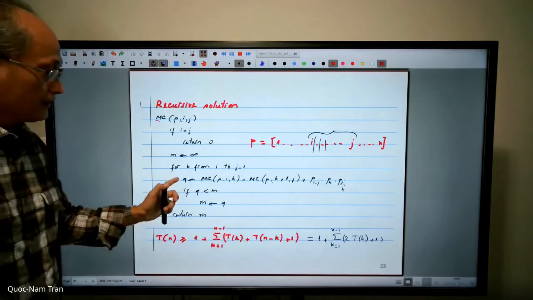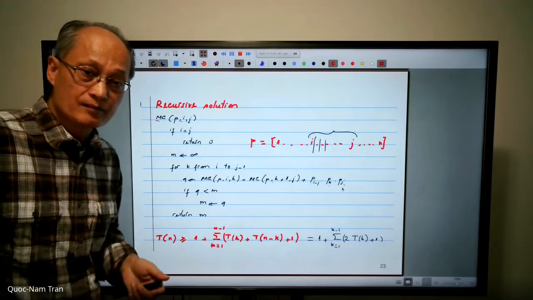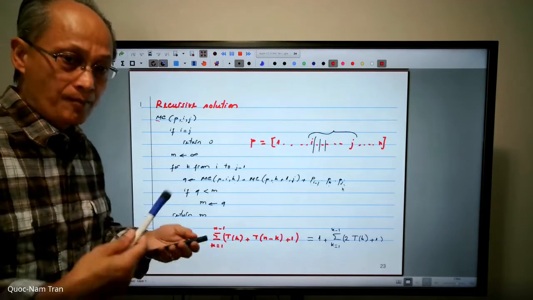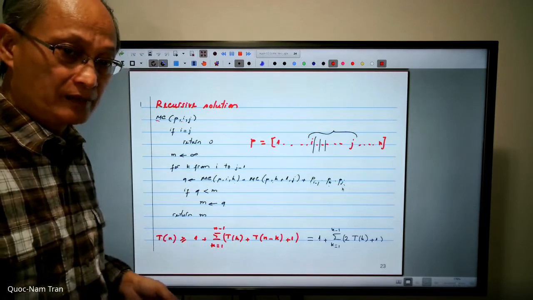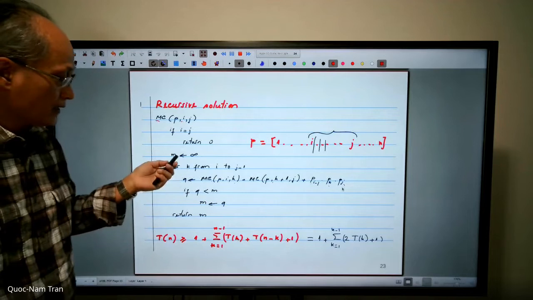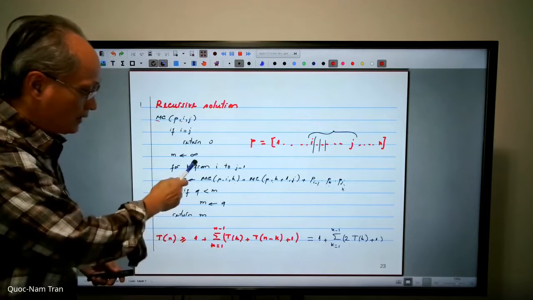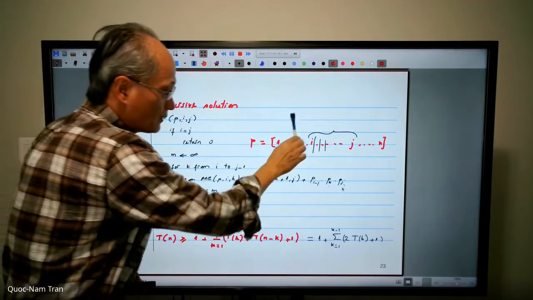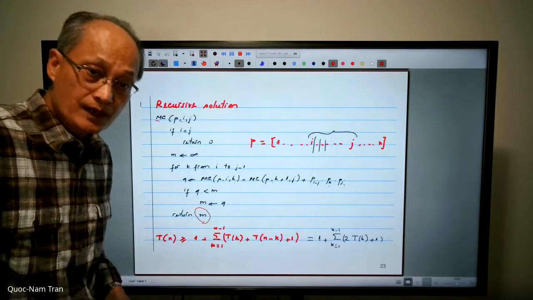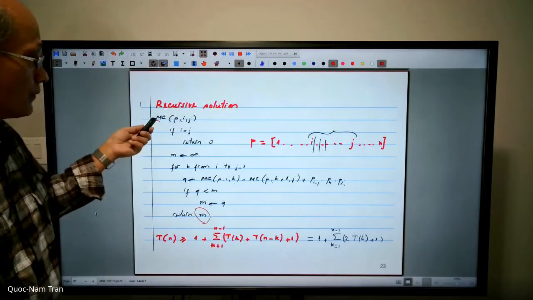If the value is smaller than m, meaning we are trying to find the minimum value, so initially we set m to infinity, or the max value if we use Java, then we update m. After we go through all possible ways to cut, we return m. So this is a recursive algorithm, a recursive solution.